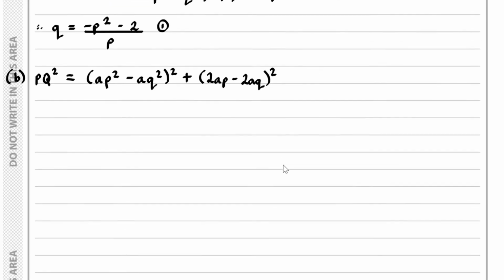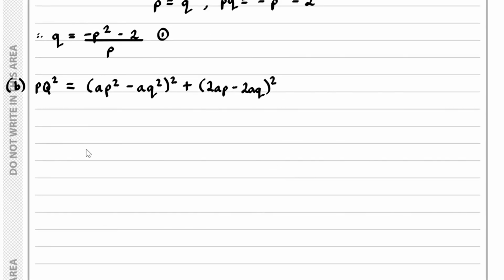So if I factorize out the a from this bracket and then I need to square it as well, what we have is, inside a larger bracket, a, and then p squared minus q squared, close big bracket, that's all squared.